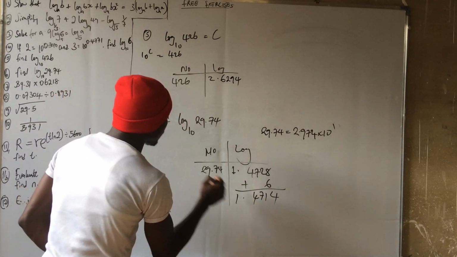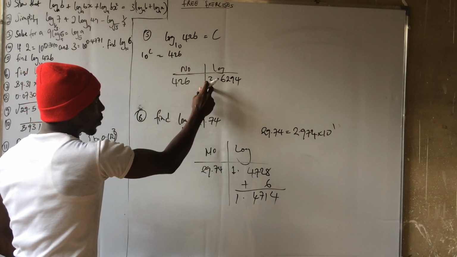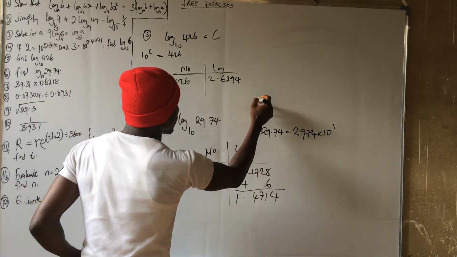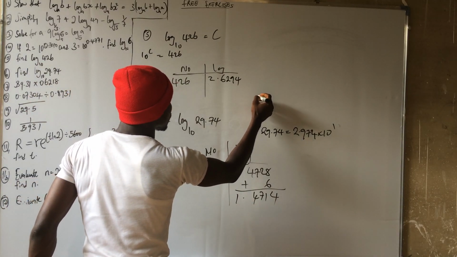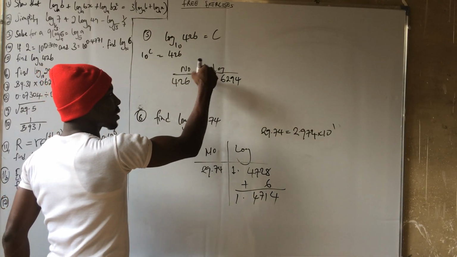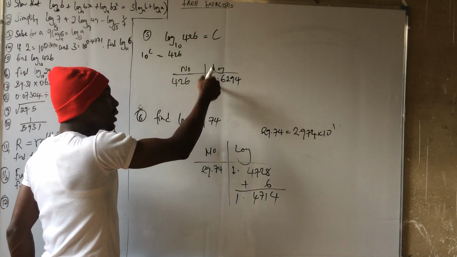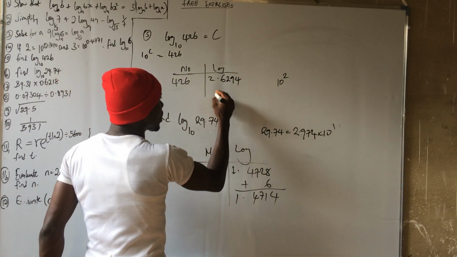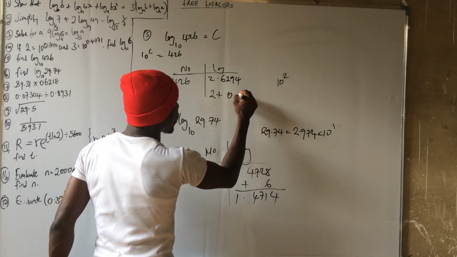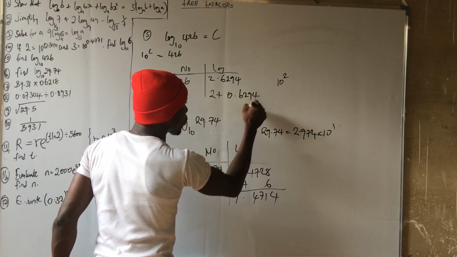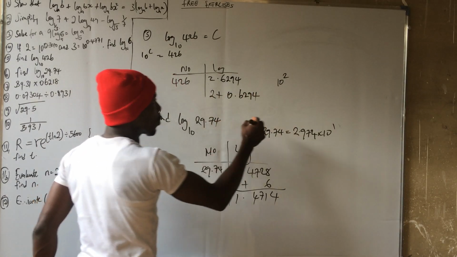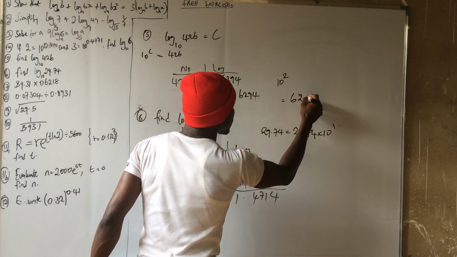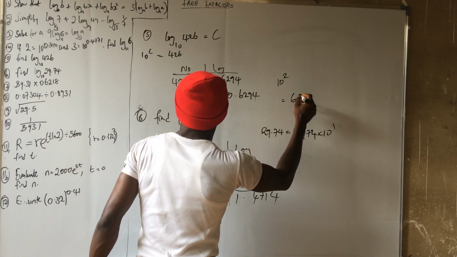Now remember, there's something I did not say here. This 2 here is not a digit attached to this. This is the same thing as 10 raised to the power 2. So when you get this, this is 2 plus 0.629 4, and this 2 is 10 raised to the power.